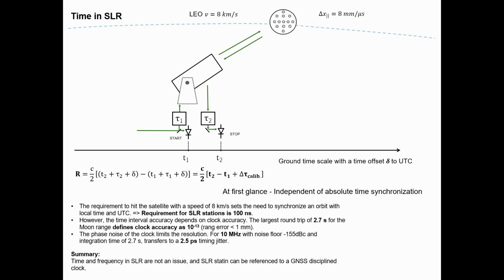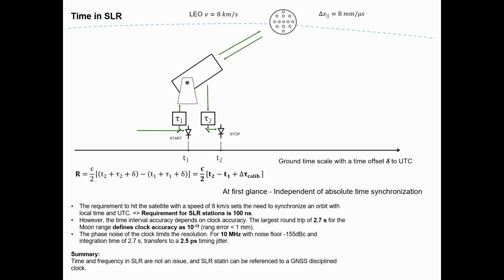We can consider the same also for the jitter of our measurements. When we use a 10 megahertz local oscillator with a noise floor of minus 155 dB from carrier, the integrated timing jitter for Moon measurements is something like 2.5 picoseconds.